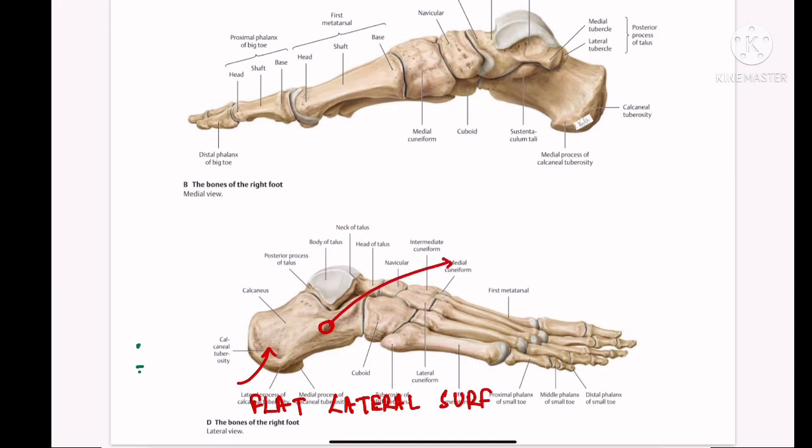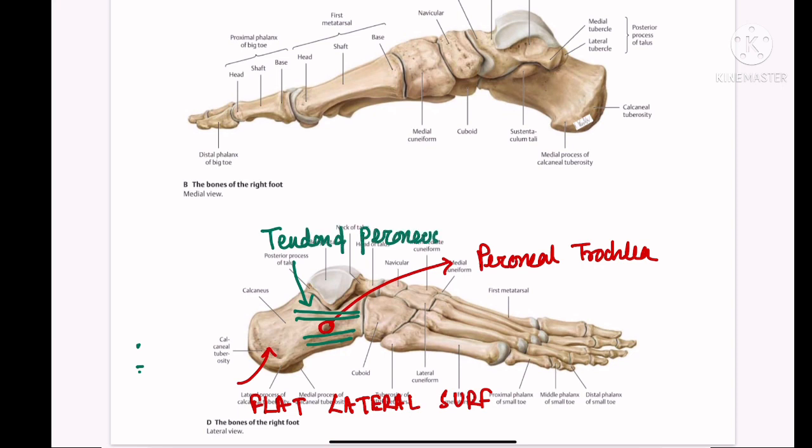This peroneal trochlea lies between the groove for the tendon of peroneus brevis above. The tendon of peroneus brevis goes above it, and the tendon of peroneus longus goes below it. So above goes the tendon of peroneus brevis.